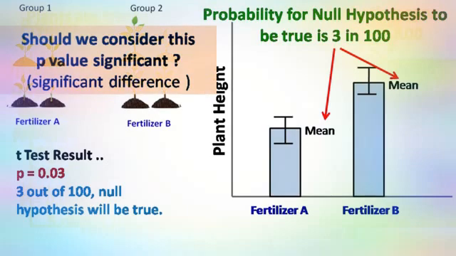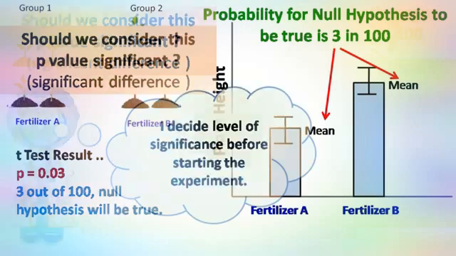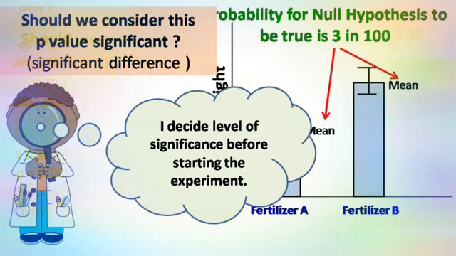Now the next question that arises is, should we consider this significant or not? Taking a decision based on p-value is completely in the hands of the experimenter or the scientist who is doing the experiment. The researcher decides the level of significance for the experiment.